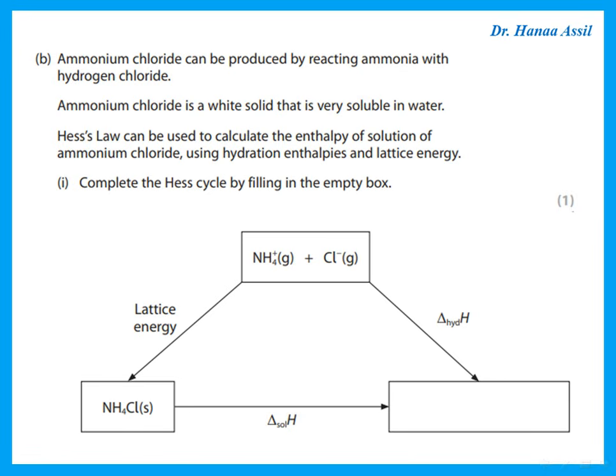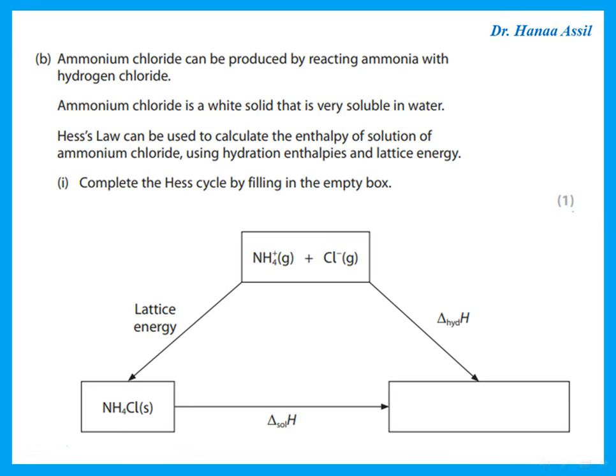Ammonium chloride can be produced by reacting ammonia with hydrogen chloride. Ammonium chloride is a white solid that is very soluble in water. Hess's law can be used to calculate the enthalpy of solution of ammonium chloride using hydration enthalpies and lattice energy. So he's saying complete the Hess's law. Now, what does he have?